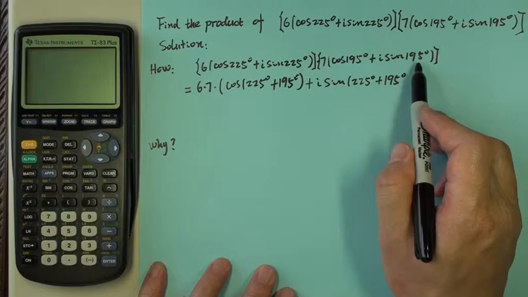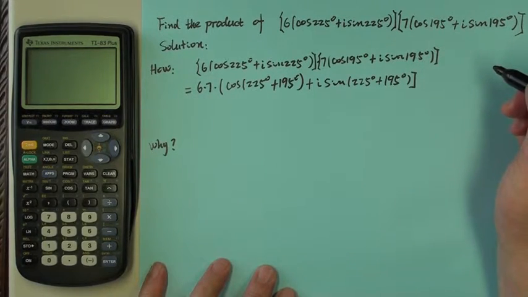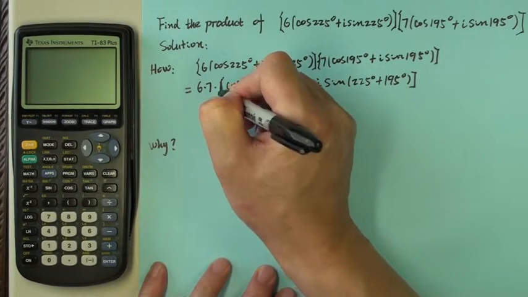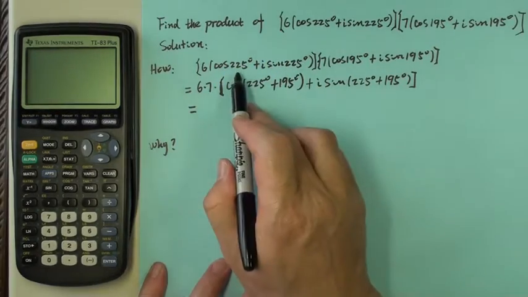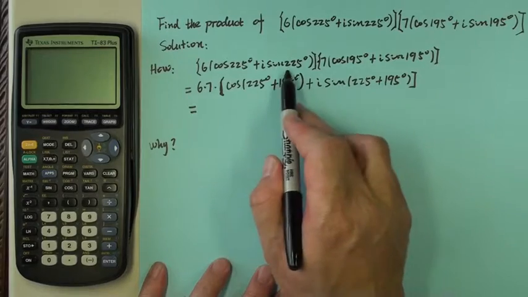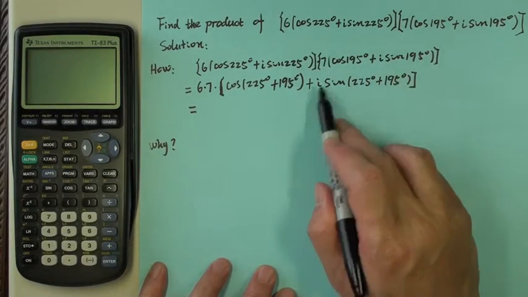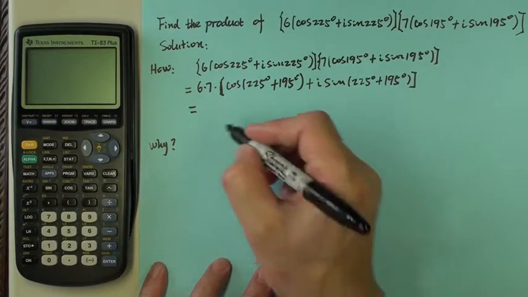This angle plus this angle. And then you want to find out what's the answer. Again, this angle plus that angle, and here is i, so you put it in front of sine. Okay, what do we get?